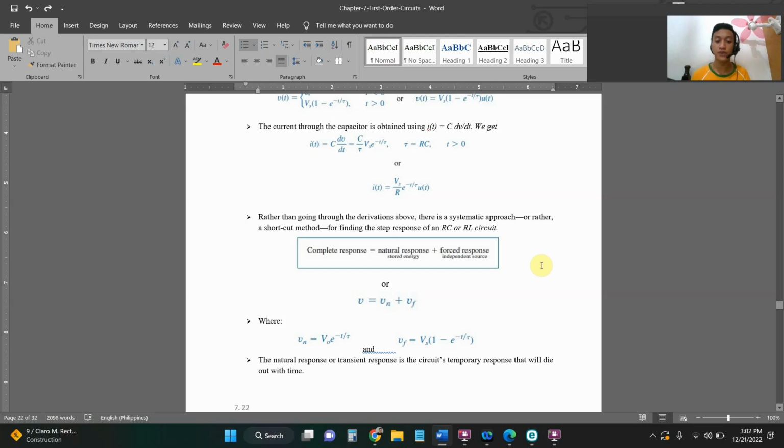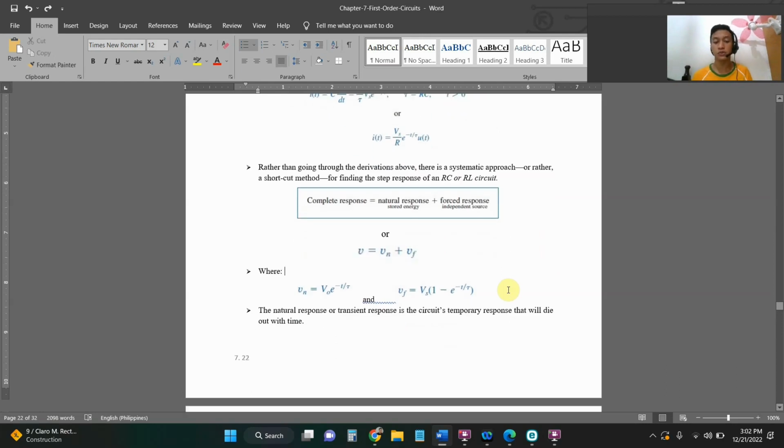Simply, V equals V_n plus V_f, where V_n equals V_0 e^(-t/tau), and V_f equals V_s times (1 - e^(-t/tau)).